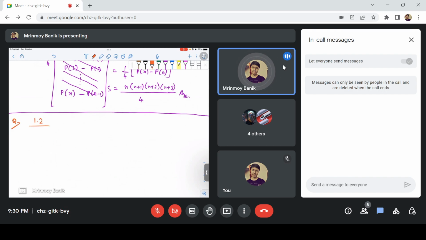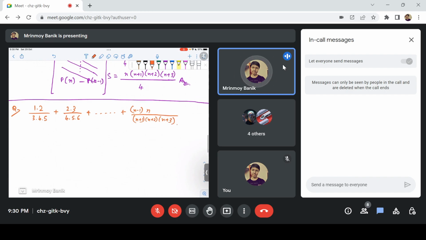So 1 times 2 by 3 times 4 times 5 plus 2 times 3 by 4 times 5 times 6 dot dot dot like that up till, let's say, n minus 1 times n by n plus 1 times n plus 2 times n plus 3. So what is this sum? Say the sum is S.